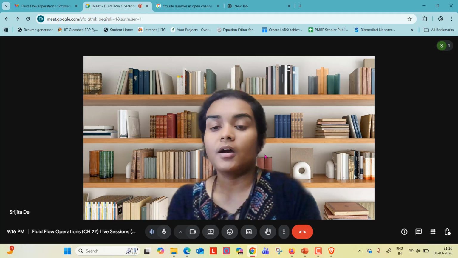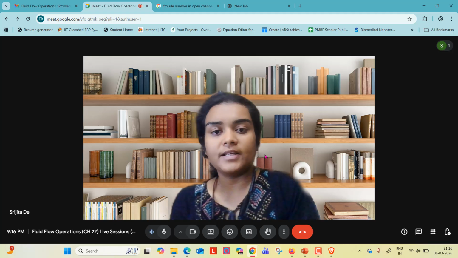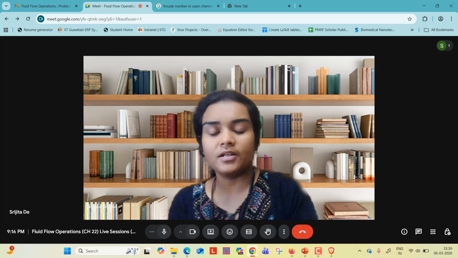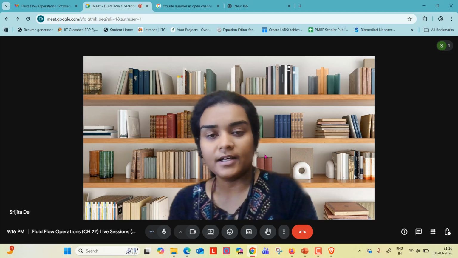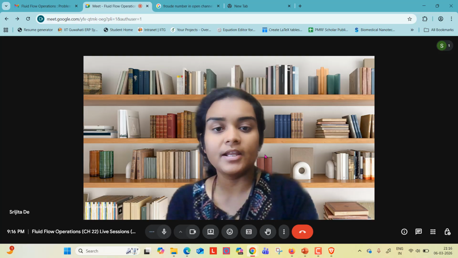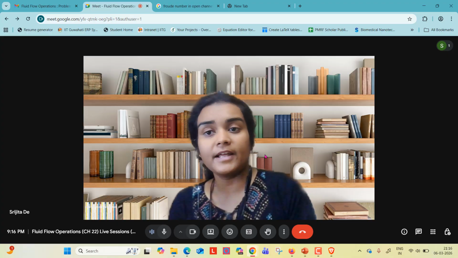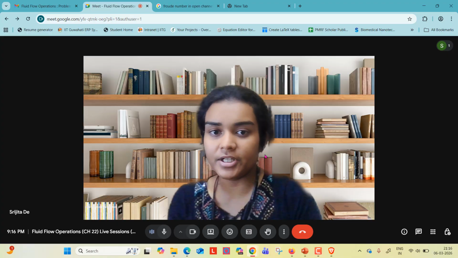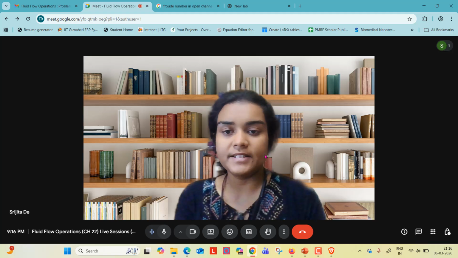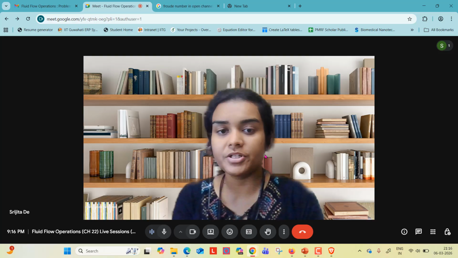If the critical depth is lesser than the original depth, then it is a subcritical region, and if it is greater, then it is a supercritical region. If the flow is suddenly decelerated, there will be some kind of back pressure from the supercritical zone to the subcritical zone, and that is called the hydraulic jump.